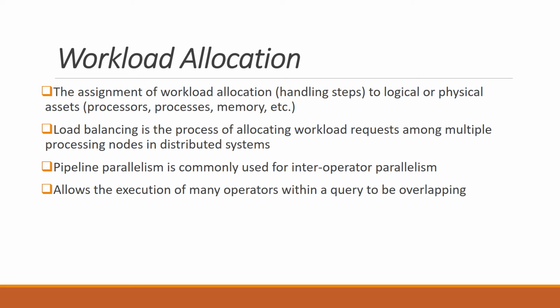Load balancing is the process of allocating workload requests among multiple processing nodes in distributed systems. Even in the central case, heterogeneous database workloads containing OLTP transactions of various types, as well as complex decision support queries, pose unique resource management challenges.